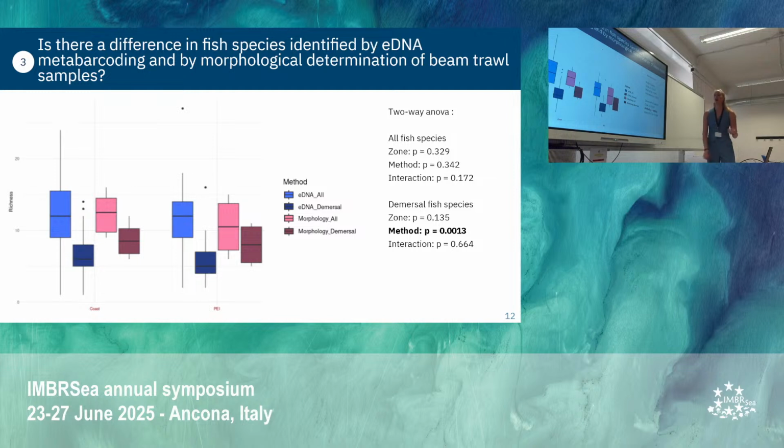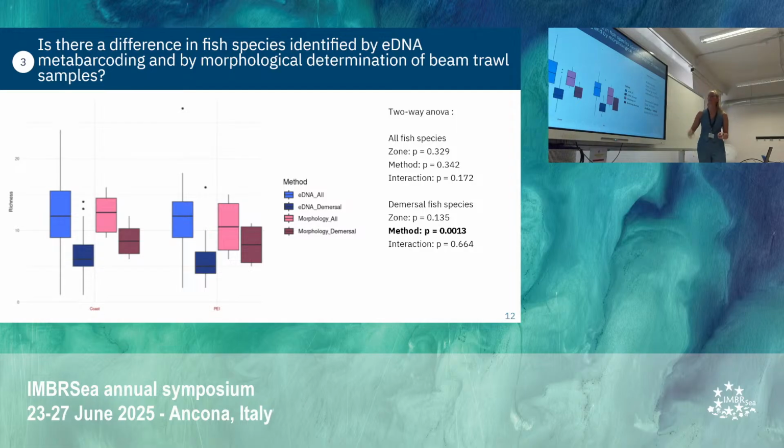Now, when focusing on the alpha diversity, I calculated the species richness in your coast and bay stations with eDNA in blue and morphology in pink. And when you focus on all the species in the lighter colors, you can see that the alpha diversity patterns are similar between both methods. But when you focus on the demersal species only, you can see that with morphology you can actually detect a significantly higher species richness, which probably reflects again the selectivity of the beam trawl.